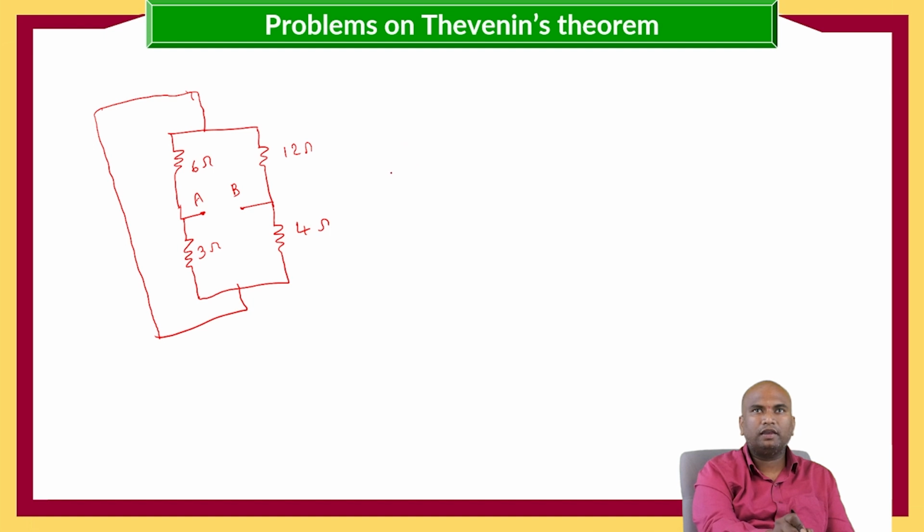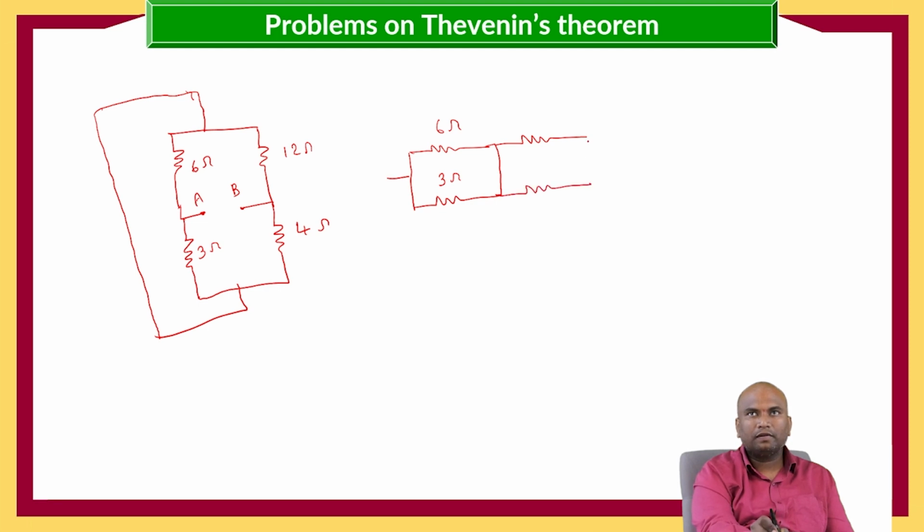So here if we take the AB terminal, A terminal out, 6 ohms and 3 ohms, and here it is short circuited, 12 ohms and 4 ohms.